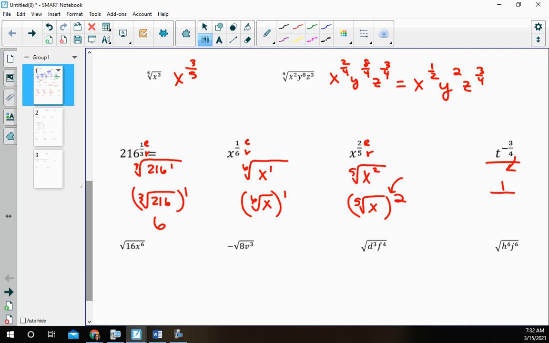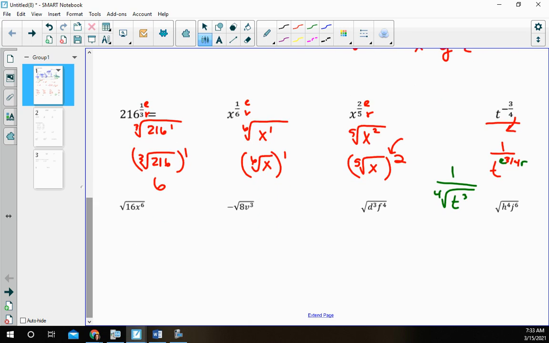So I'm going to drop him to the bottom of my fraction, and I'm going to make him a positive 3/4. Then I can convert him to his exponent and radical. So his exponent is 3, his radical is 4. Yes, we generally don't like square roots being in the bottom of the fractions, but for this sake, we're just going to go ahead and leave it there.